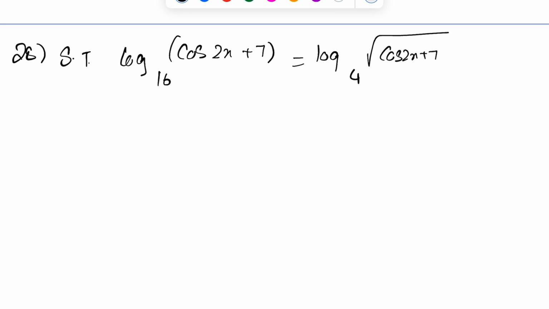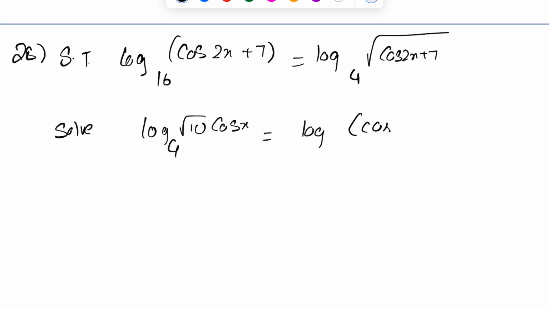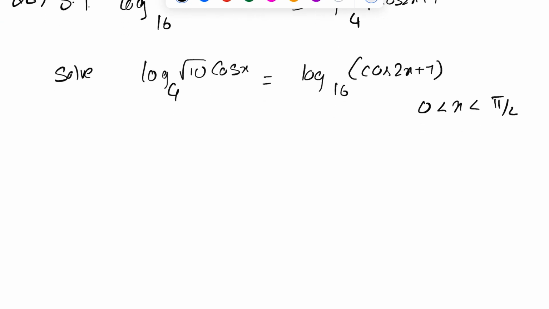And the second part is: solve log of square root of (10 cos x) to the base 4 equals log of (cos 2x plus 7) to the base 16, where x lies between 0 and pi by 2. So first of all, I have to prove this one. This is part A and part B.